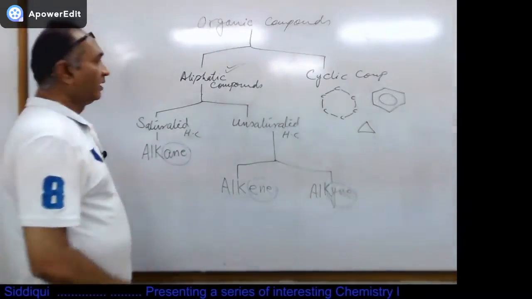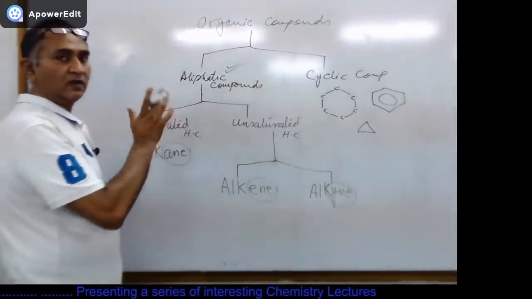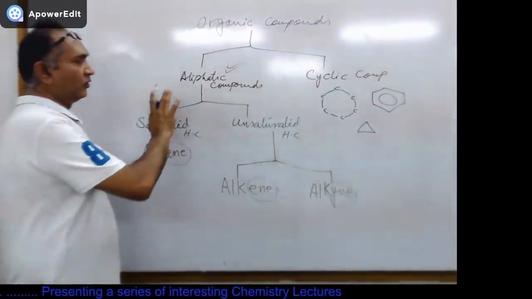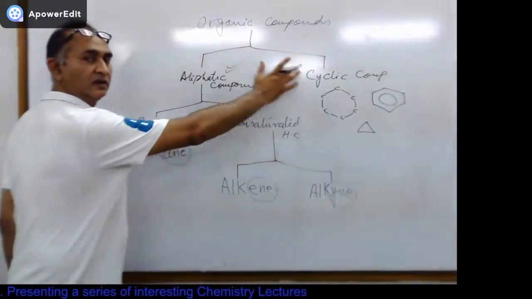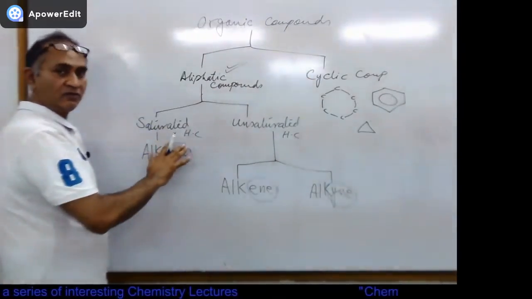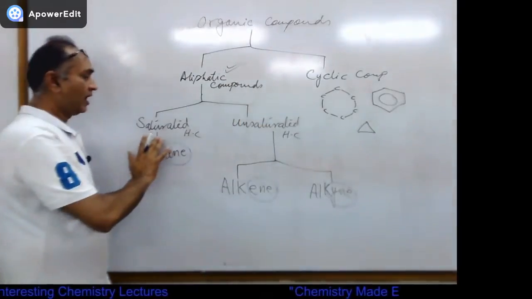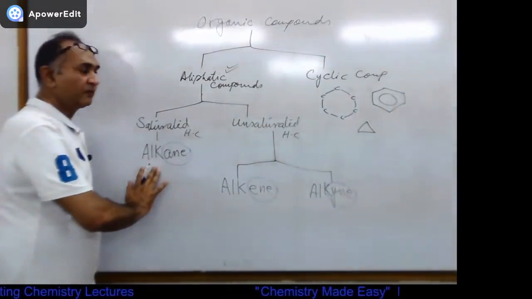So, organic compounds are of 2 types: open chain and closed chain. Open chain aliphatic compounds are of 2 types: saturated and unsaturated. Saturated hydrocarbons are also called alkanes.